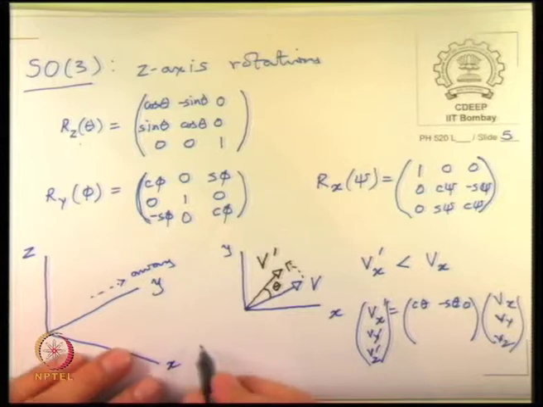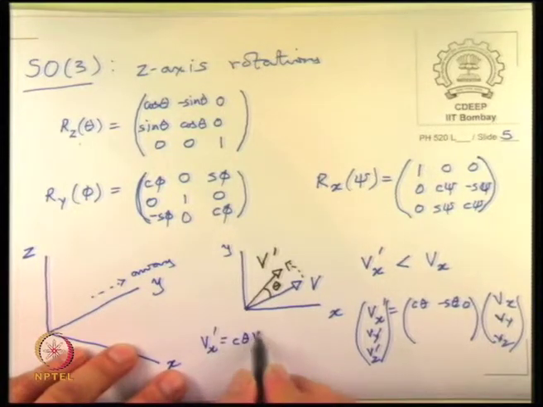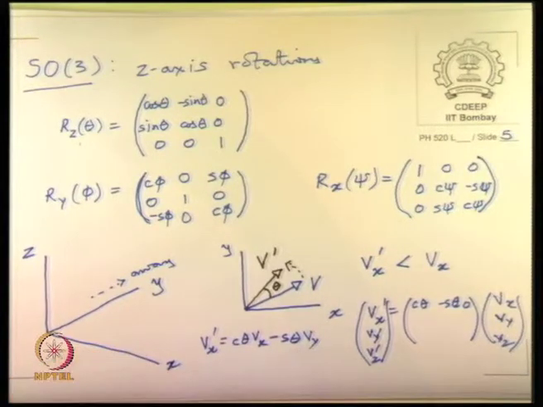So Vx prime is going to be equal to cos theta times Vx and minus sin theta times Vy, and the example vector we have taken is all in first quadrant, so all components are positive to begin with. So this is going to reduce the Vx component, and therefore this is what I call active rotation. I have rotated a vector.